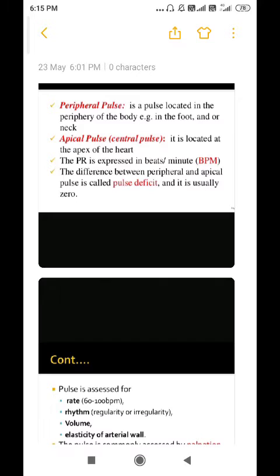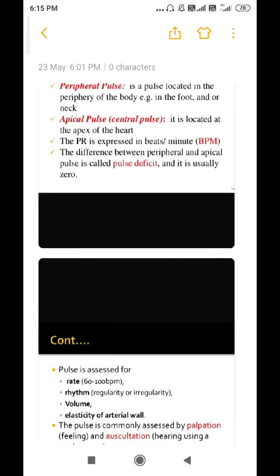Pulse rate is expressed in beats per minute. The difference between peripheral and apical pulse is called pulse deficit, and it is usually zero.